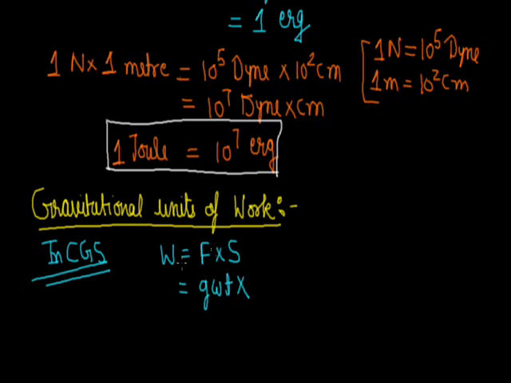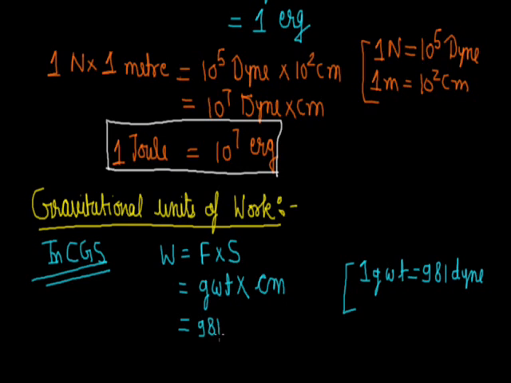into the CGS unit of displacement, which is centimeter. And as we know, 1 gram weight equals 981 dyne. So we can write 981 dyne into centimeter. As we know, dyne into centimeter equals 1 erg.